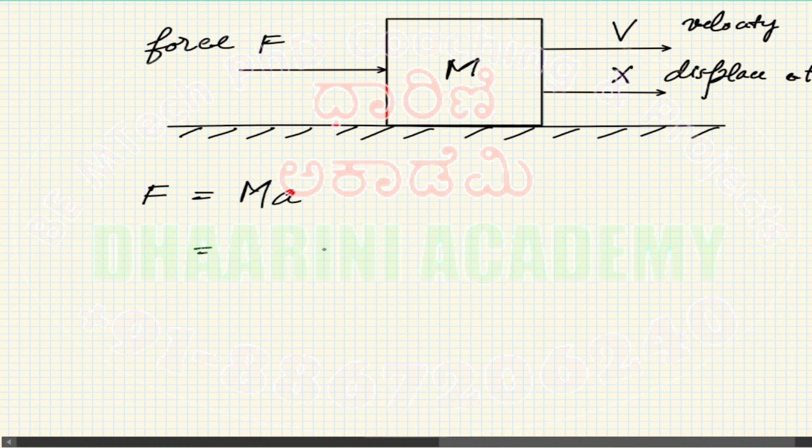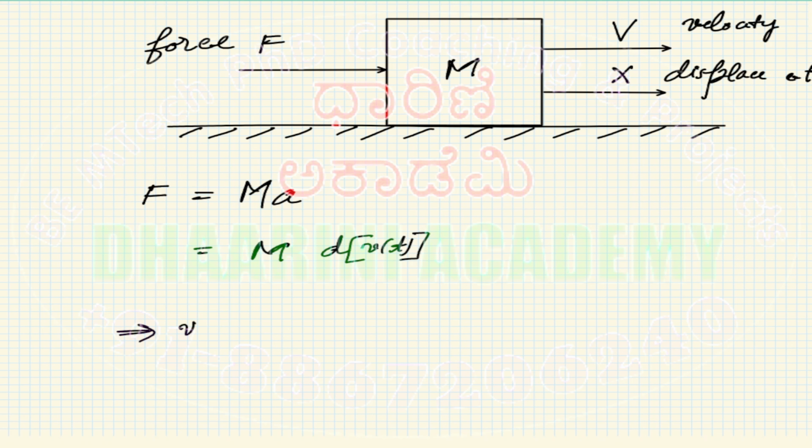This acceleration can be written as the derivative of velocity, v of t by dt. What if I want to calculate v of t?